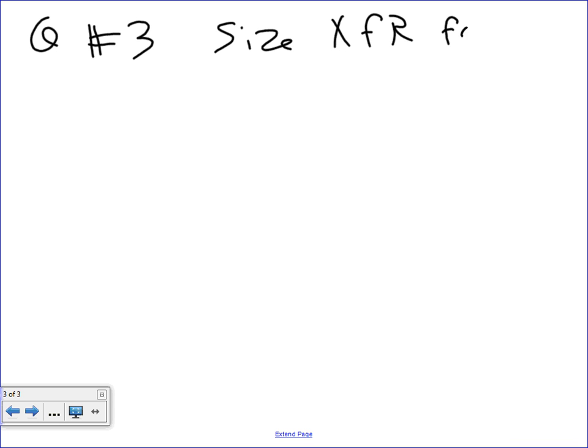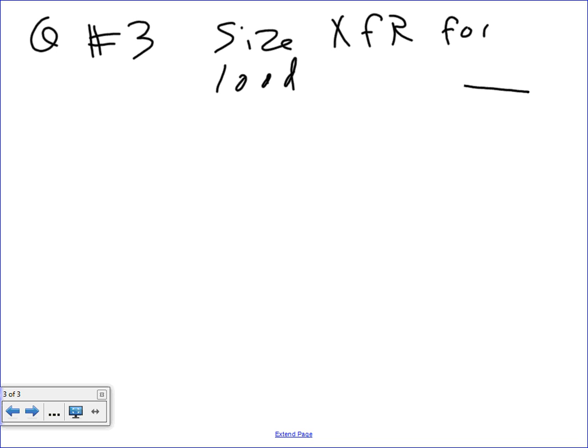Okay, question number 3, my friend, is size a transformer for a load.